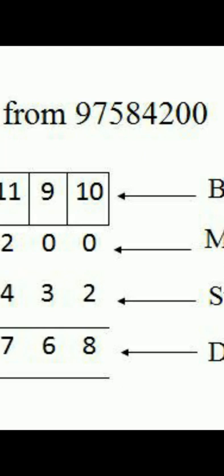And now this 10 will give a borrow to the next 0. So the last 0 will become 10, and the 10 at the tens place will become 9. Now we will subtract 10 minus 2, we get 8, and 9 minus 3, we get 6.